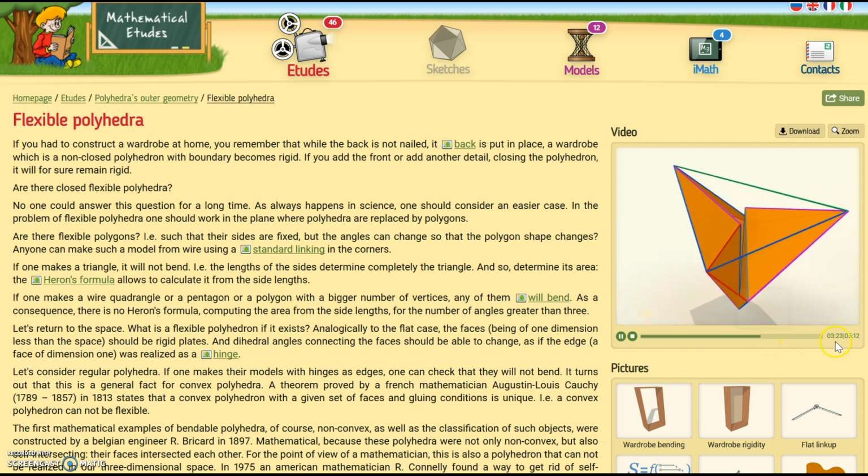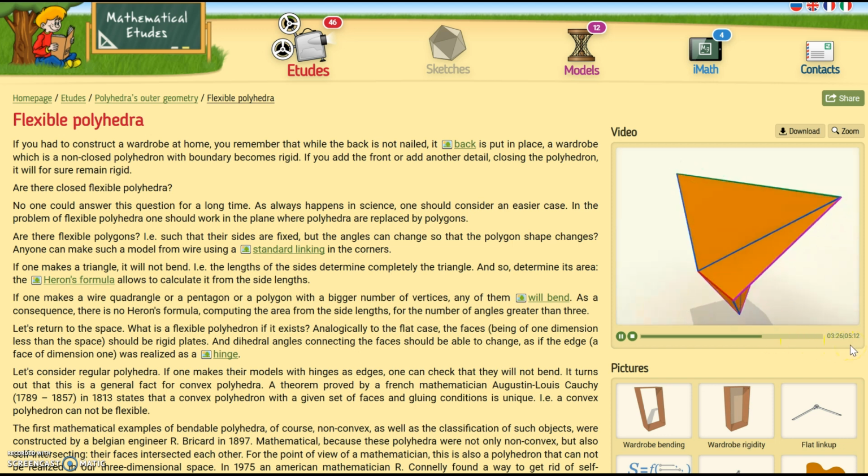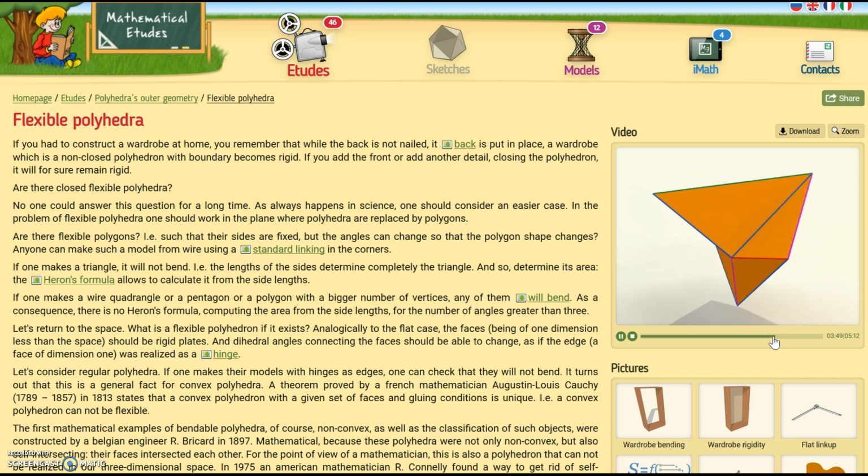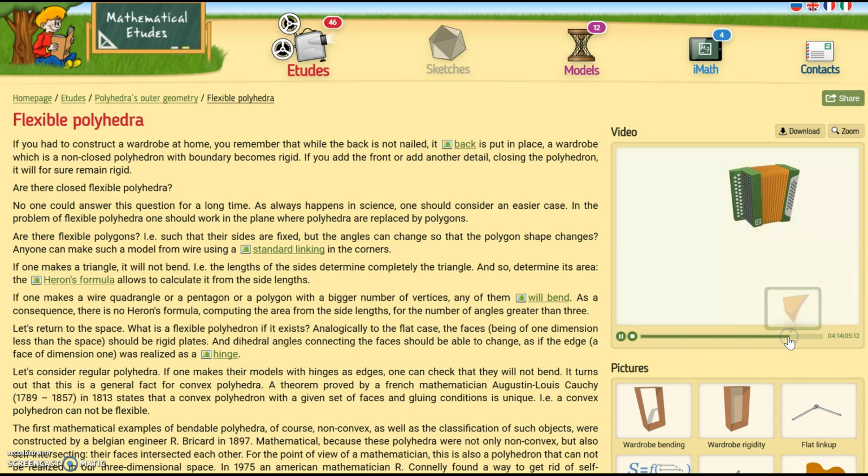And so here are some examples of the flexible polyhedra again, and then they will show the accordion, and this is kind of the idea about the crinkling of the flexible polyhedra. This kind of demonstrates that too. So if you were to fill this with air, the idea was that the volume remains consistent.